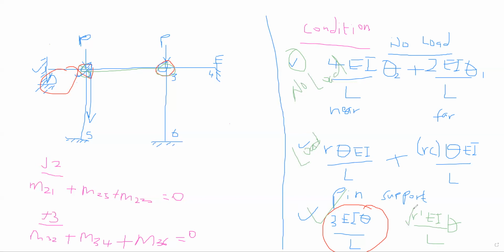And this one is when load is passing through and the far end is pin, right? Okay, very good. So these are the conditions we are going to consider. If you have these down, I think we can move on.